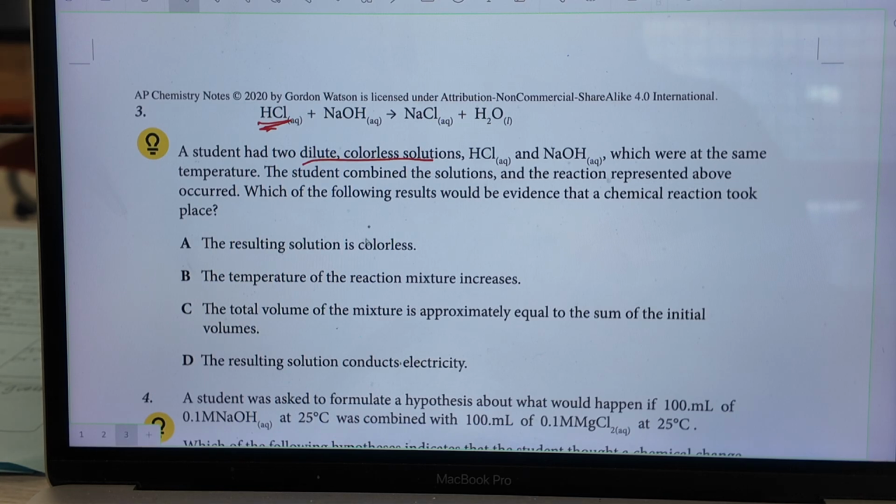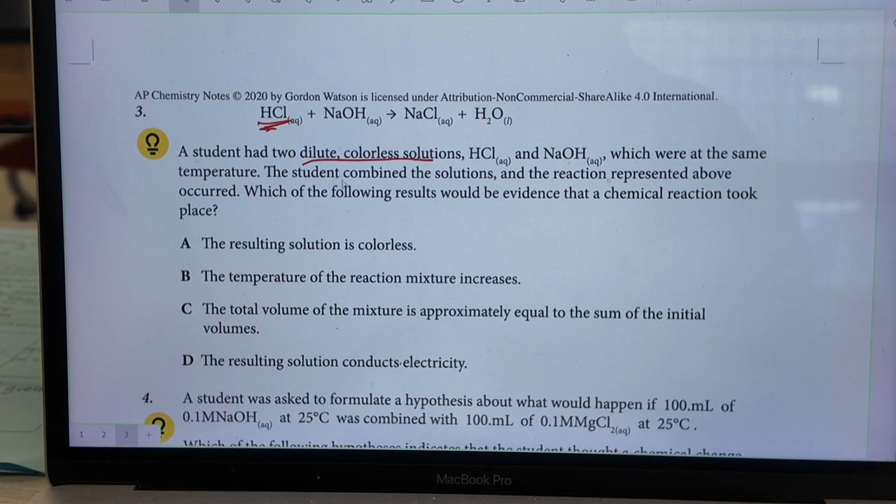Look at evidence of the chemical change that took place. So if those things are true, the temperature had to rise for some of these bonds to break, and so I would say the temperature of the reaction mixture increases because they were dilute.